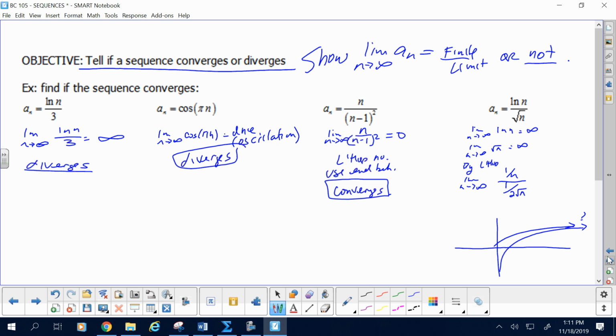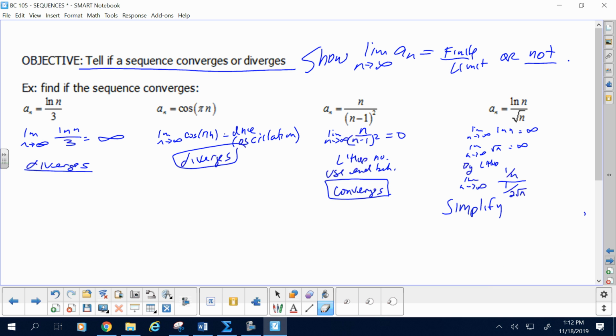Question, shall I take the limits and say 0 over 0 and therefore get caught in an endless L'Hopital loop? Or instead, is there something else I can do? Yes, rearrange, simplify before saying, oh geez, here I go L'Hopitaling forever.